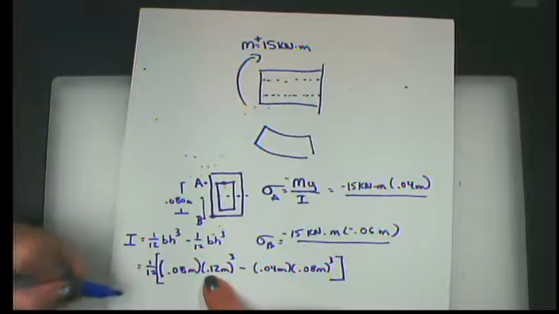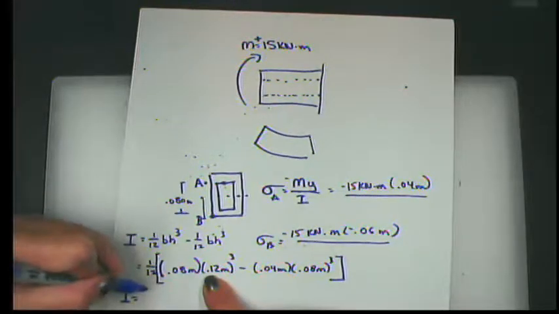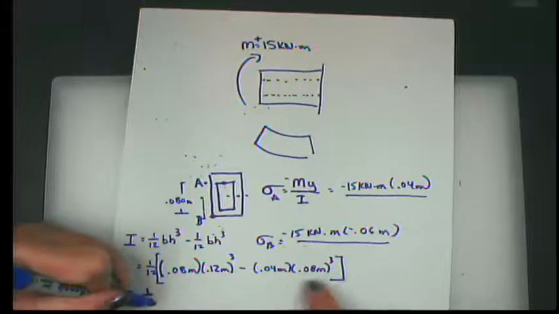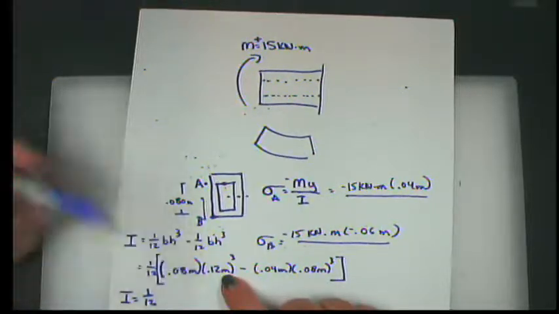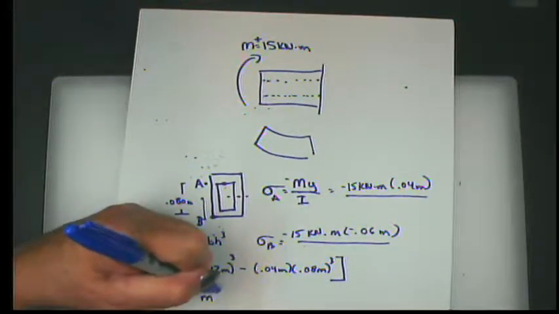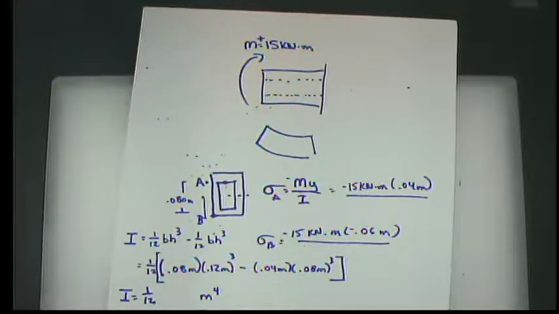You'll notice that my I value is 1/12 times some quantity, but we have meters to the third times meters, which is meters to the fourth. And that's a good unit for a moment of inertia.